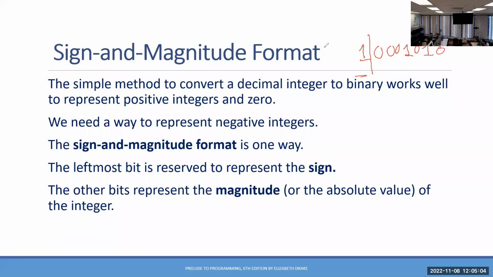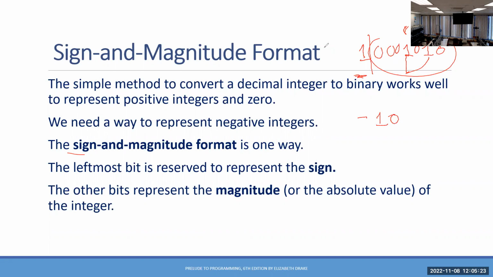That means it's negative, right? Now you convert the rest. You have 1, 2, 4, 8, you add them up together. You have 8 and 2 here, so you have 10. So when you convert this number, you have negative 10 in sign and magnitude format.